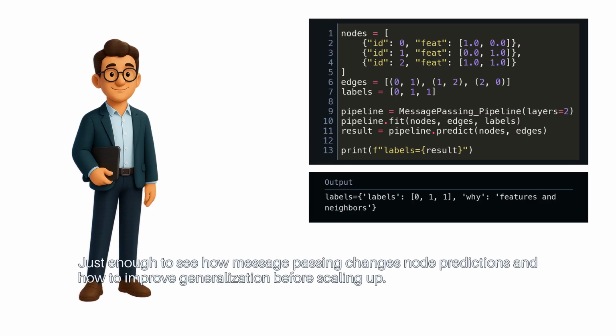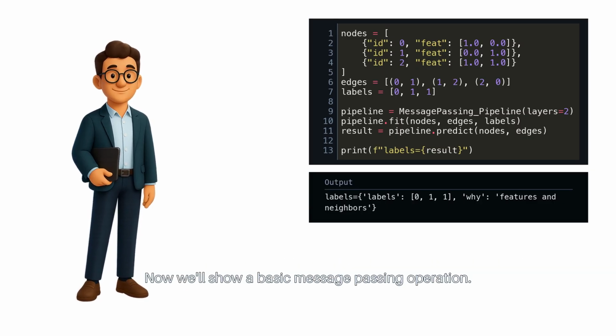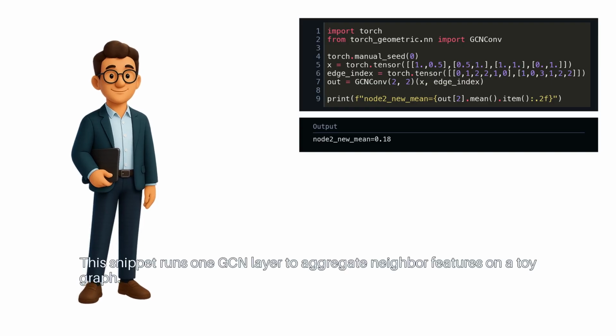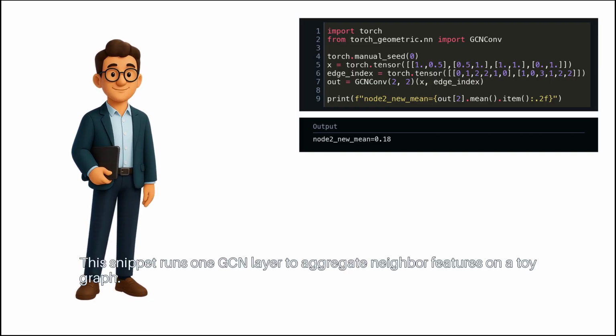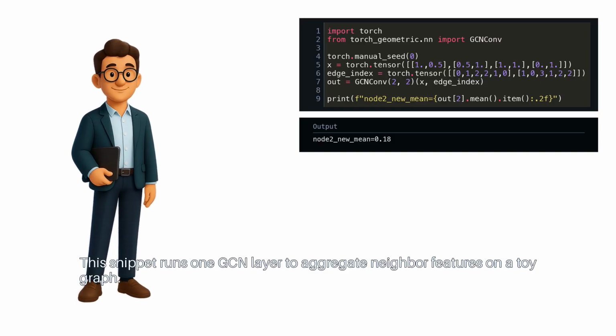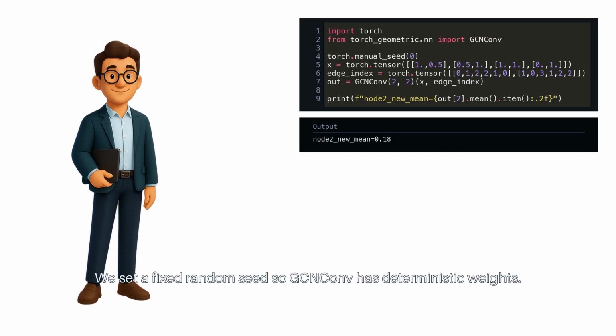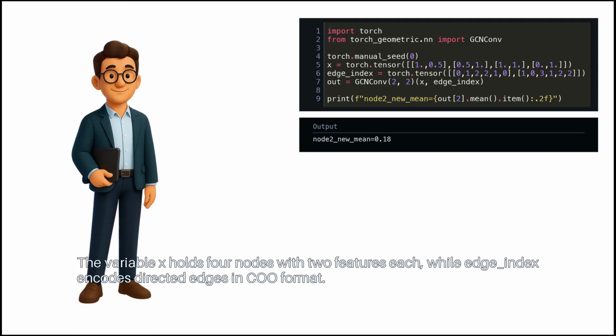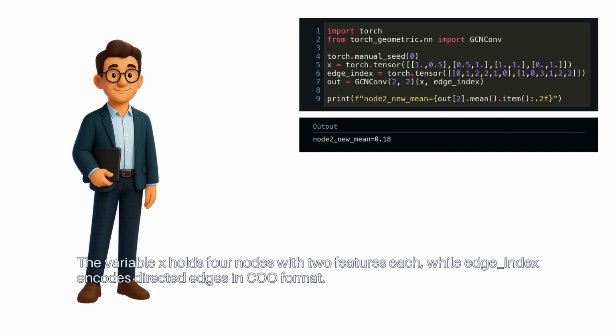Nothing fancy, just enough to see how message passing changes node predictions and how to improve generalization before scaling up. Now we'll show a basic message passing operation. This snippet runs one GCN layer to aggregate neighbor features on a toy graph. We set a fixed random seed, so GCNConv has deterministic weights. The variable x holds 4 nodes with 2 features each, while edge_index encodes directed edges in COO format.